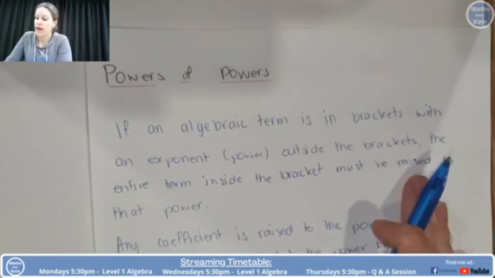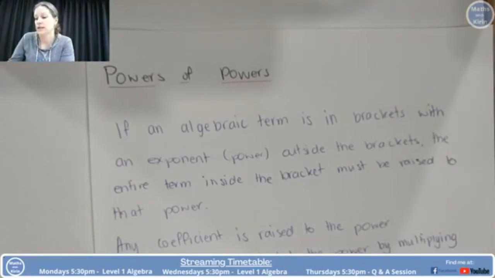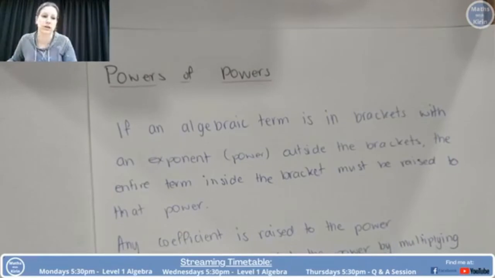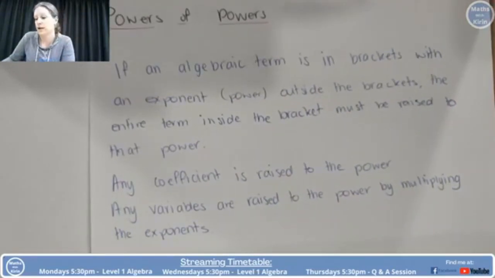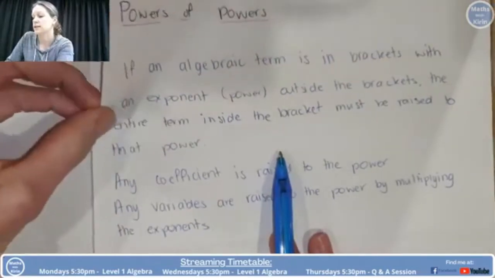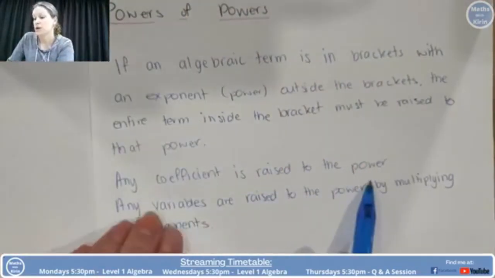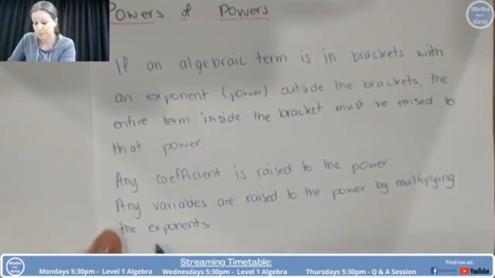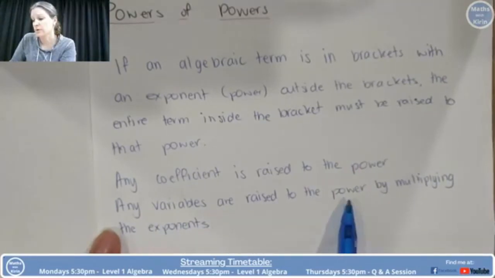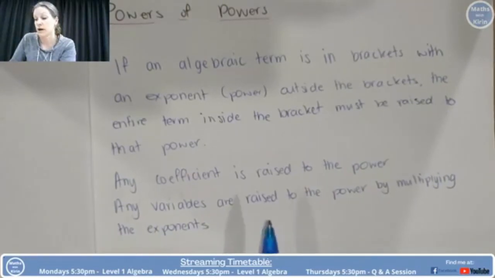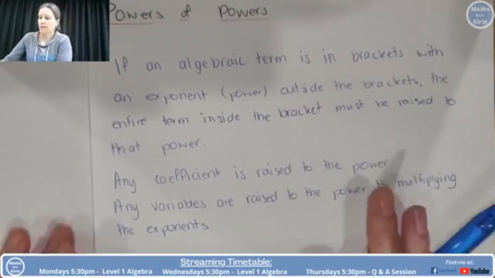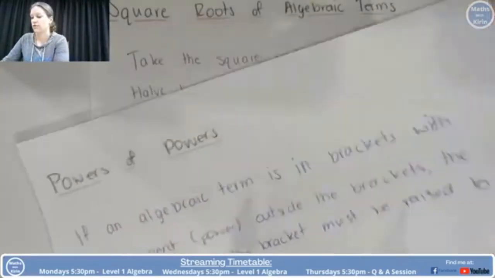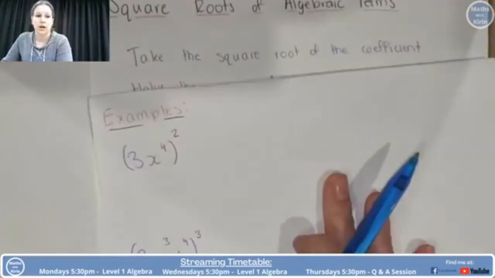Okay, so when we have that, we want to raise the entire term that's inside the bracket to that power that's outside the bracket. To do this, we take our coefficient and we raise it by the power, as we normally would a number, and then any variables are raised to the power by multiplying the exponents.